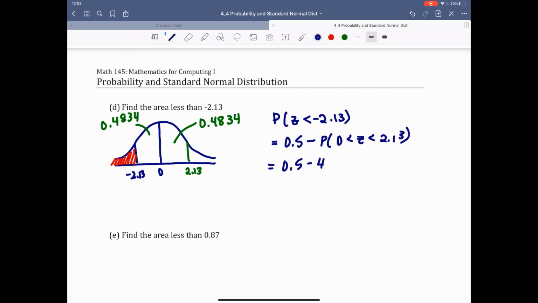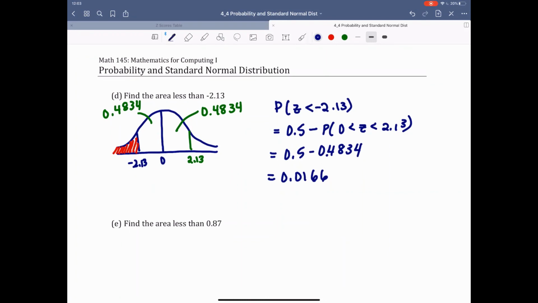So what we're doing is we're taking 0.5 and we're subtracting out the area that we do not want, the area that's not included in what we sketched, and you get 0.0166. So there's 1.66% chance that z is less than negative 2.13 if the original data is normally distributed.